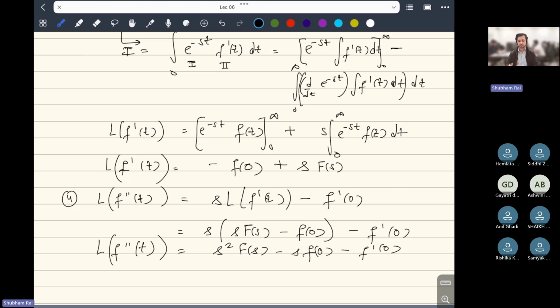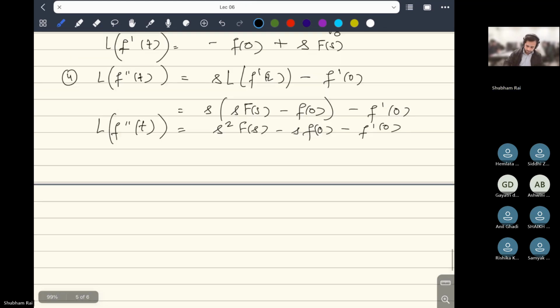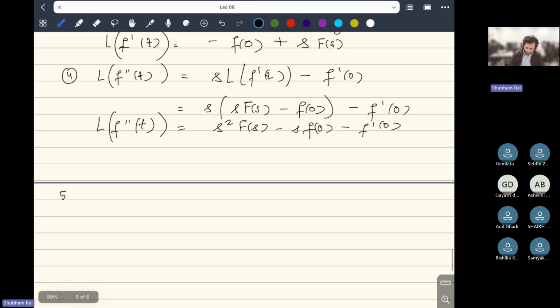Transform of f triple prime t as well. So fine, now let's go to the Laplace transform of integration. So I'm writing the generalized formula. The Laplace transform of f, when n times you are differentiating the function, which is a function of time, finally you will get s to the power n, right?